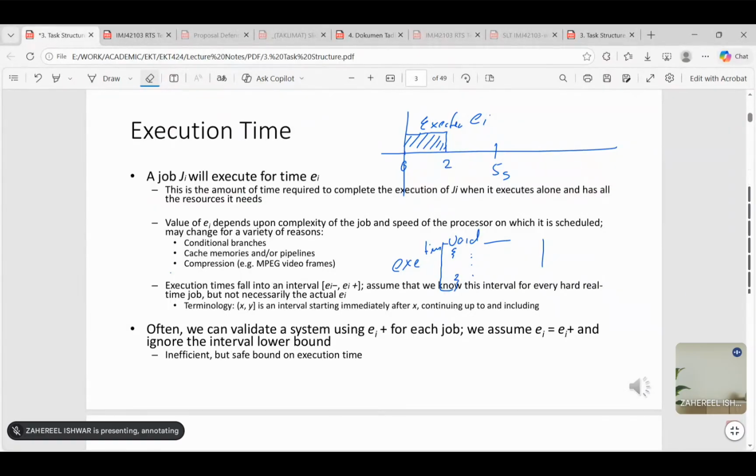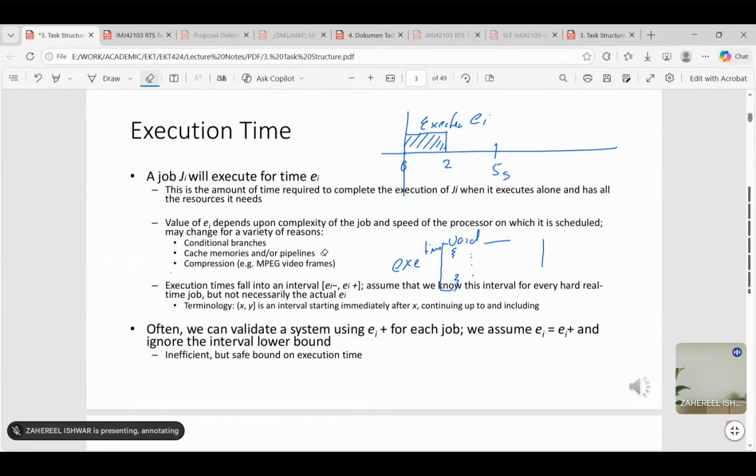When you write your code, you use if else, right? You use looping. In assembly, you have branching, jump to here, jump to there. It's possible that the first time you execute it, it uses different instructions.